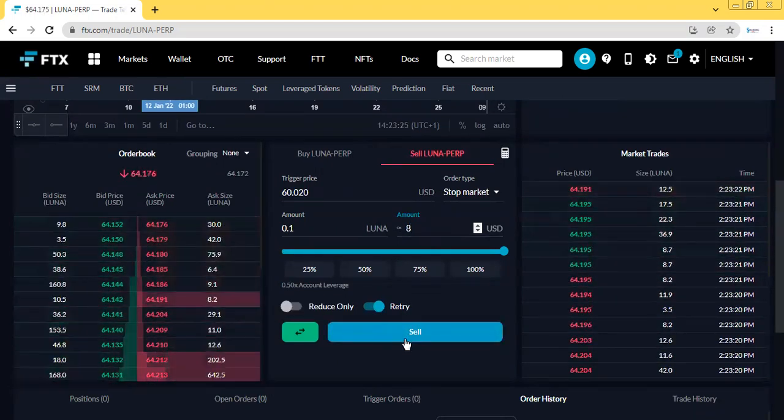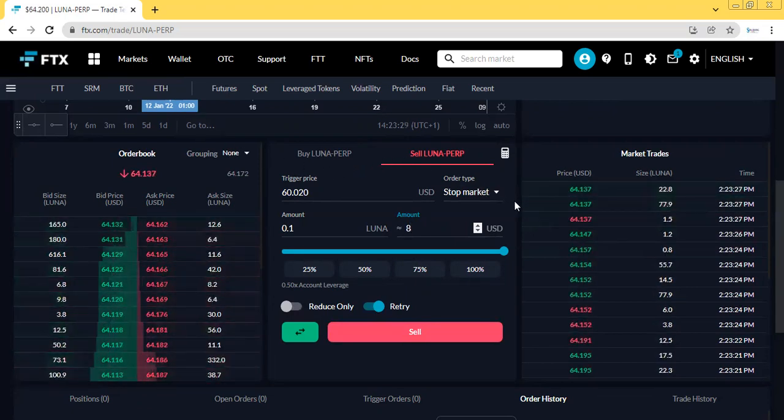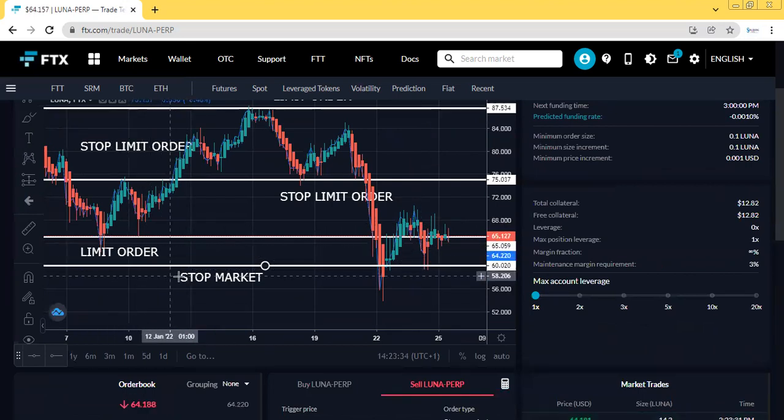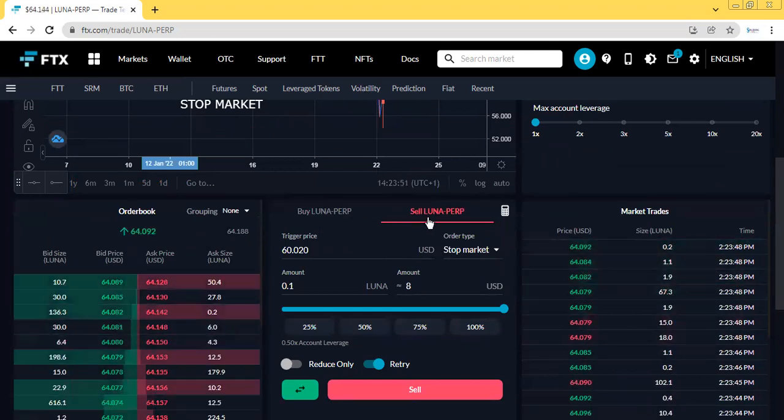If you are buying, if you want to sell, additionally, this is the stop market. This is where you put a buy stop market. This buy stop market, if you are buying like this, your stop market will be under. Means that if you want to put a buy stop market, you place it on sell.